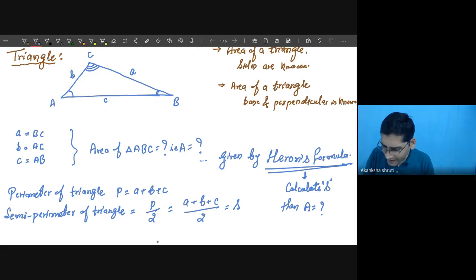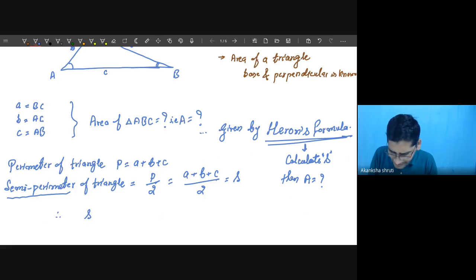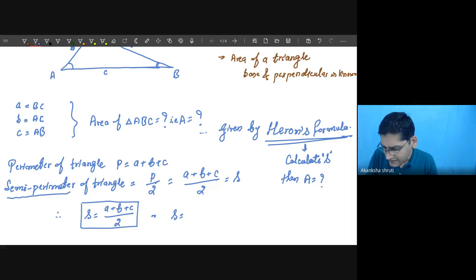How to calculate the semi-perimeter, students? The semi-perimeter is half of the perimeter, or the sum of the side lengths by 2. So remember this, the semi-perimeter is always a plus b plus c by 2, or sometimes we remember it as the perimeter by 2. First you need to calculate S.